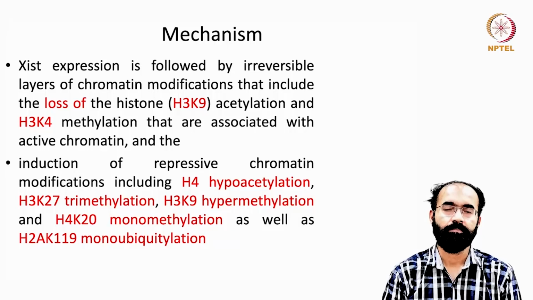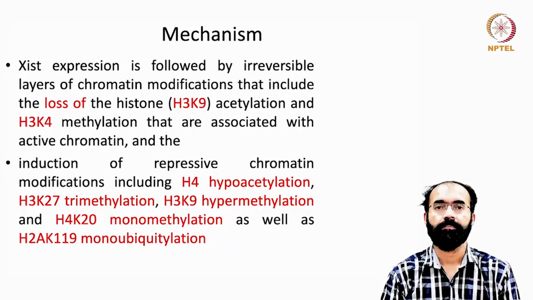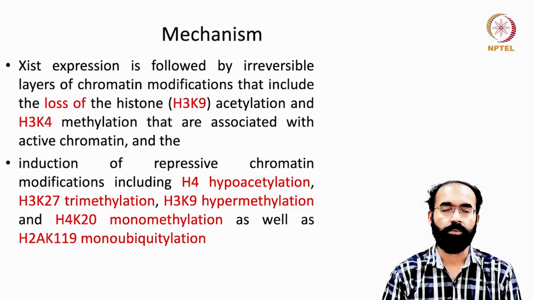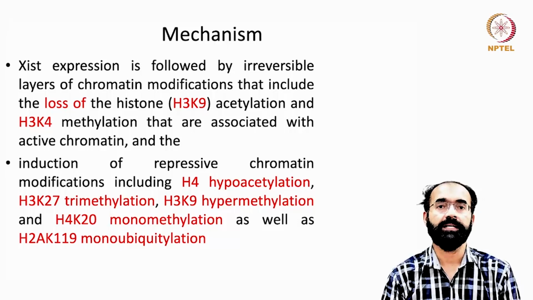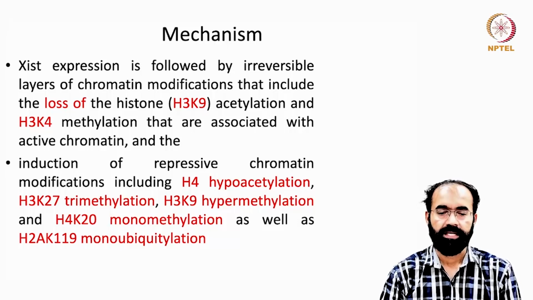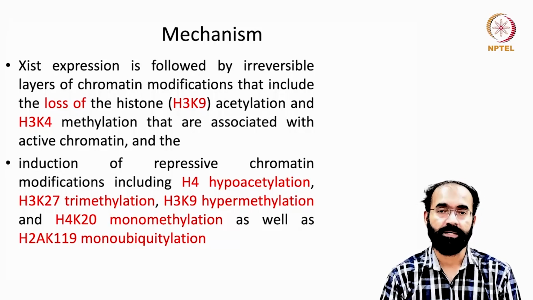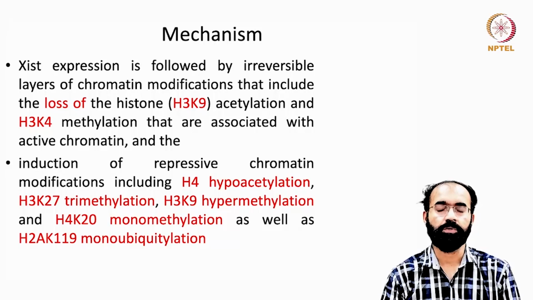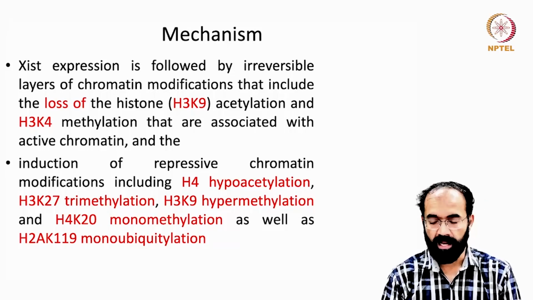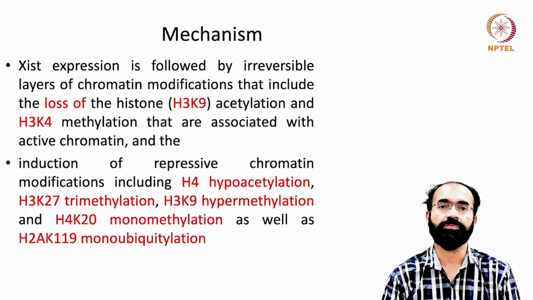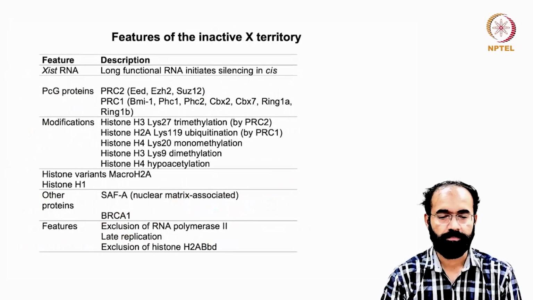It facilitates mechanisms that prevent the loosening of the chromatin and accelerate its tightening. If you have acetylation, chromatin becomes loosened. If you facilitate deacetylation, chromatin becomes tightened. And if you facilitate methylation, that will also become a tight chromatin. These are the main ways through which XIST allows the compaction or condensation of one of the two X chromosomes.